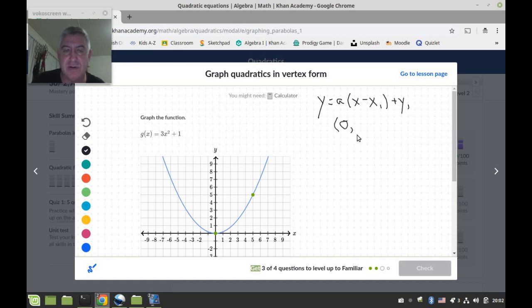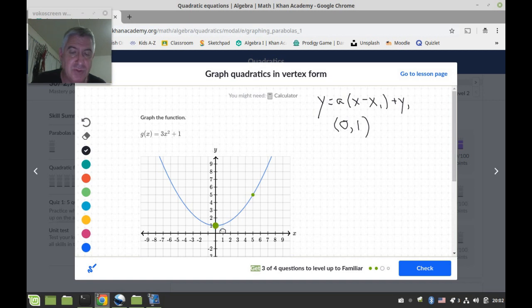X minus 0 plus y1, 1. So I know that my vertex is at 0, 1. I also know my y-intercept is there, because that's the y-intercept, and this opens up like this. So I also know I have no x-intercepts, so I'm going to have to choose a different point.